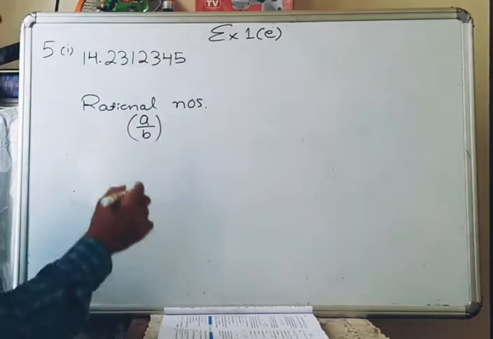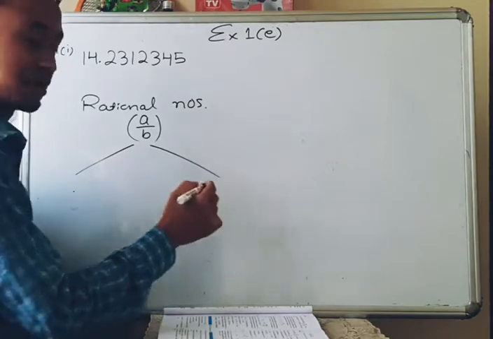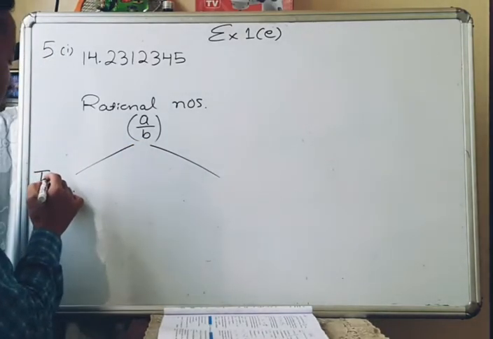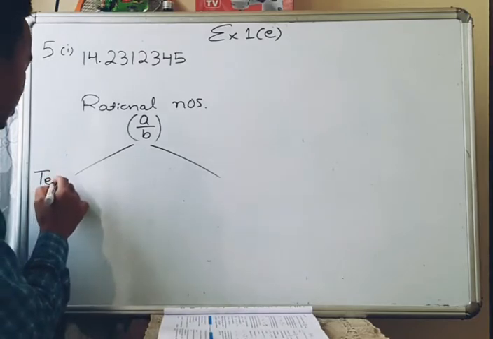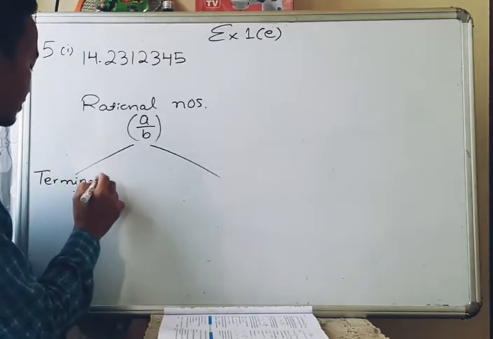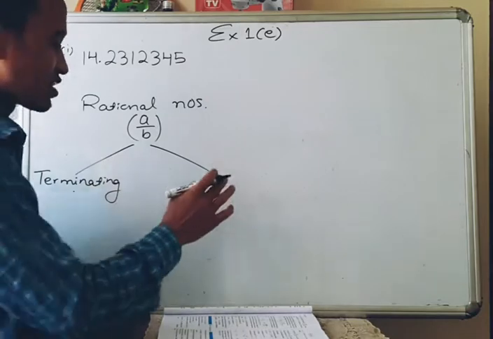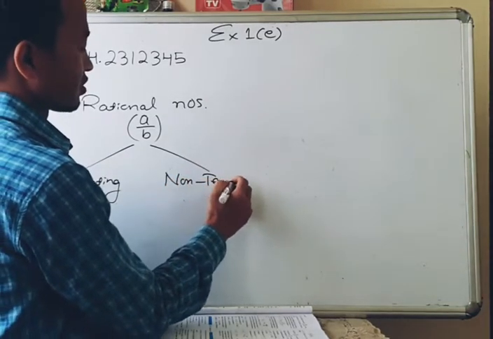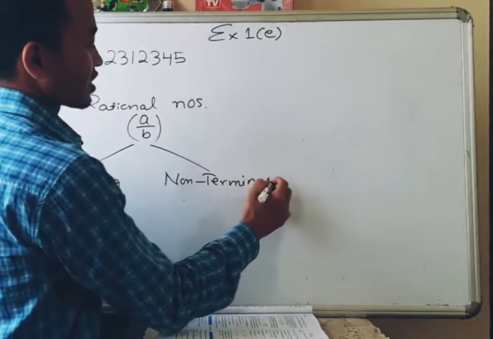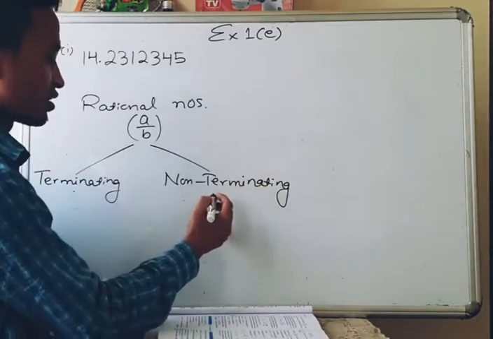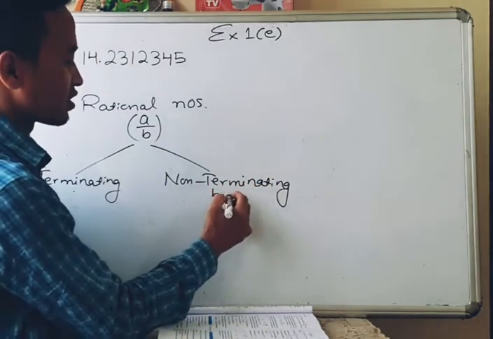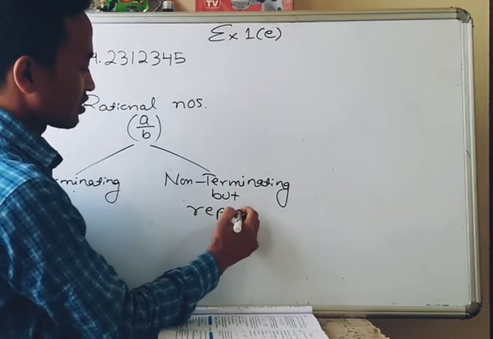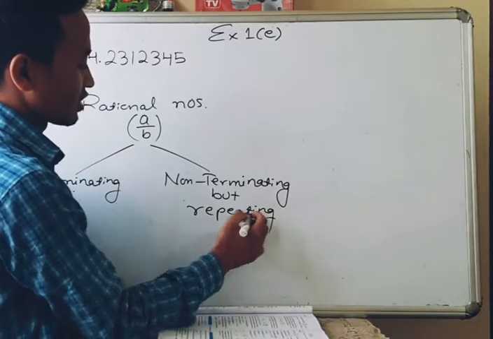We know that there are two types of rational number according to the decimal expansion: one type is when the decimal expansion is terminating, and the other is non-terminating, but they will be either repeating or recurring.